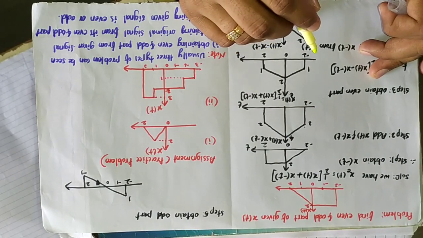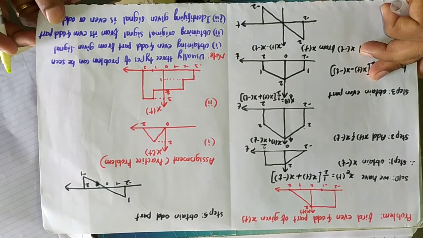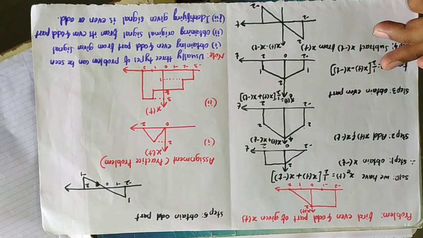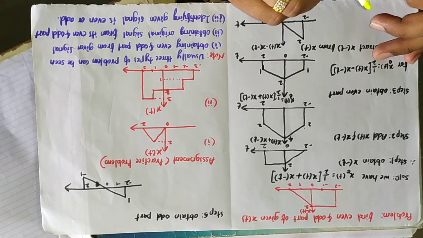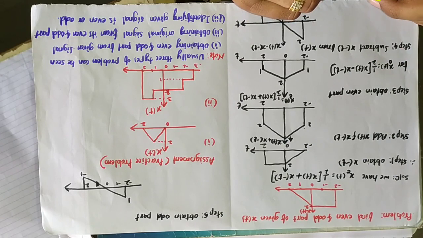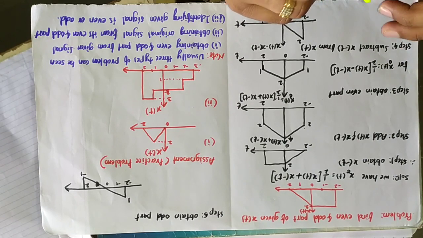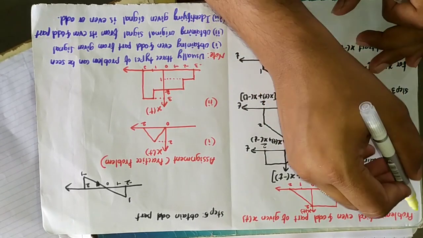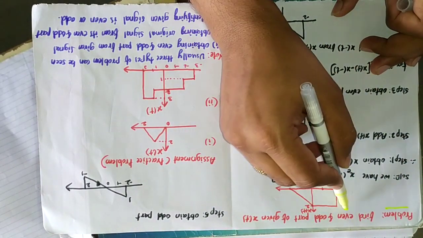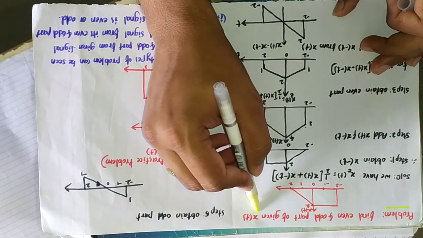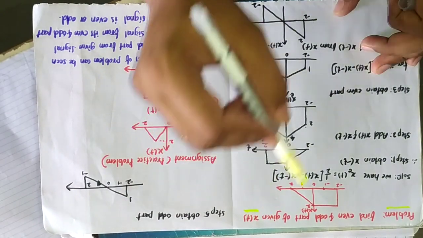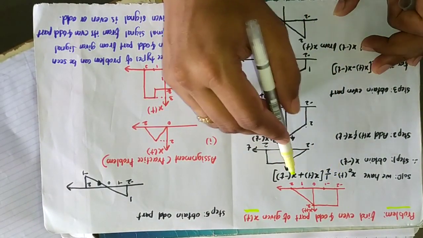signal. And here in this lecture I will solve one more problem related to finding the even and odd part of the given signal. So this problem is about finding the even and odd part of the given continuous time signal, that is x of t, and x of t is given in this way.